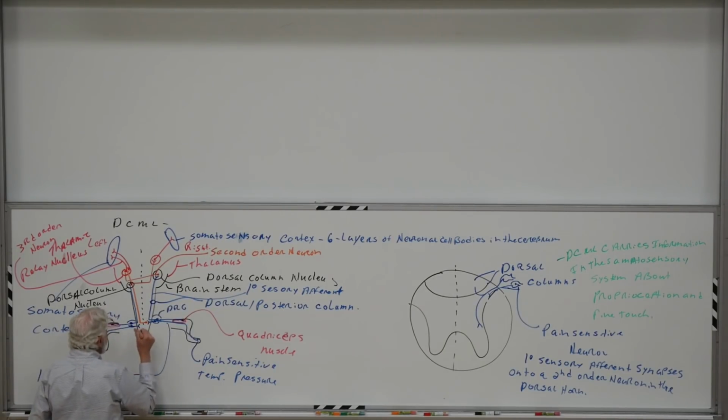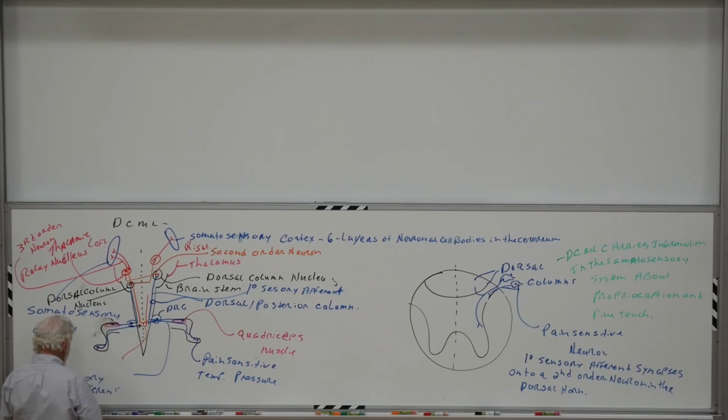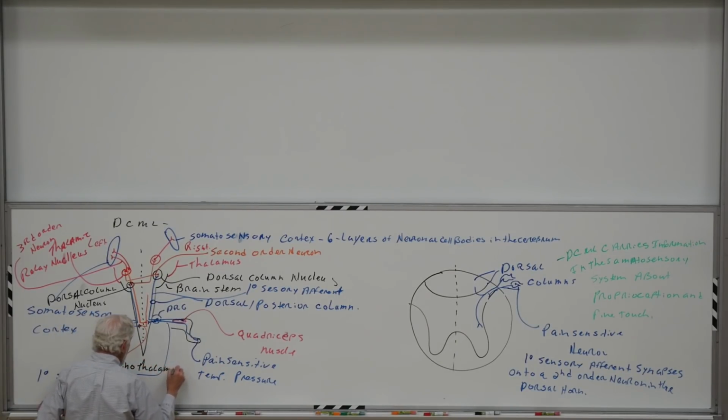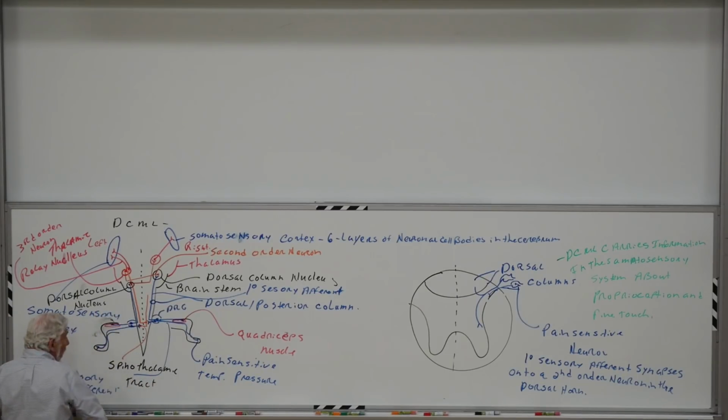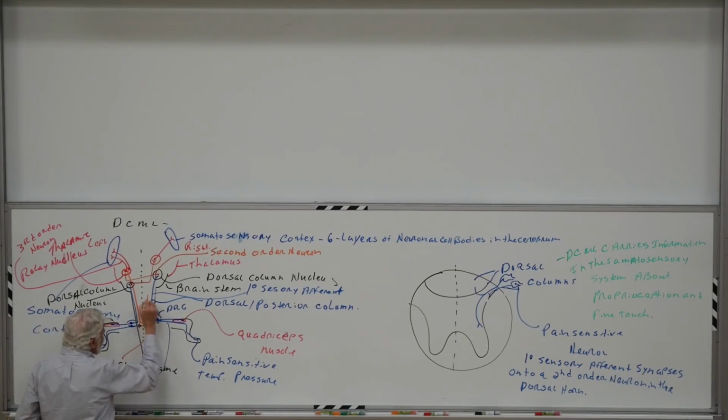The second-order neuron then crosses over the midline and ascends the cord in a region known as the spinothalamic tract, so that it forms its synapse in the thalamic relay nucleus.